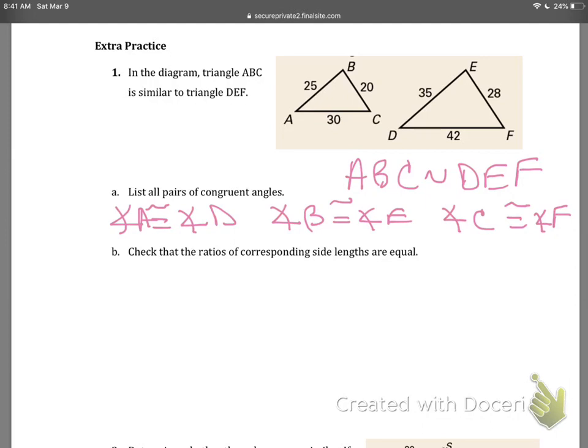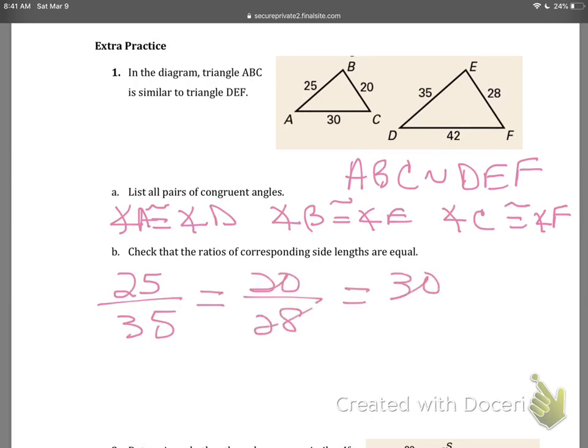Check that the ratio of corresponding side lengths are equal. Okay, so let's check that out. So AB, which is 25, is to 35, just like 20 is to 28, and just like 30 is to 42. So the first thing that you could do, if you wanted to, is you could do all of those divisions.